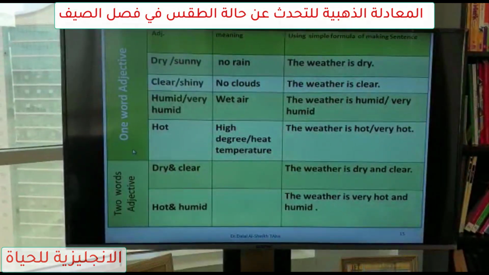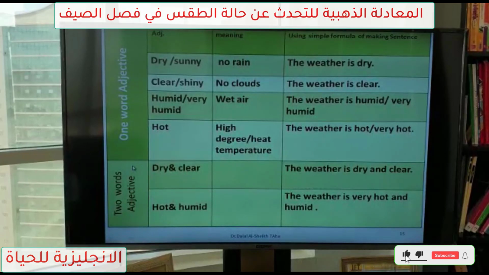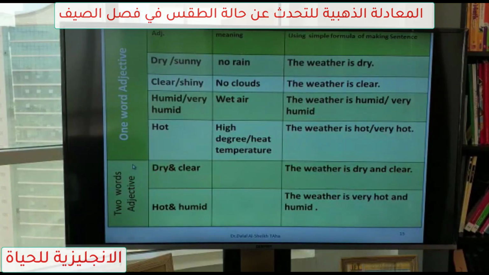If you are a beginner or lower intermediate, you can use this formula very easily. I provide the adjectives and their meaning, then you apply the formula I taught you in the previous videos with two levels of vocabulary. I'll give you vocabulary for beginner and for advanced level, so you'll practice making correct, meaningful sentences to describe the summer season.